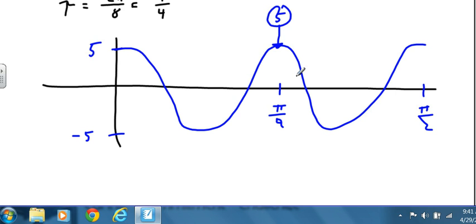Okay, why don't we do problem 14 on page 442. An alternating voltage has a peak at 220 volts and a frequency of 60 hertz.